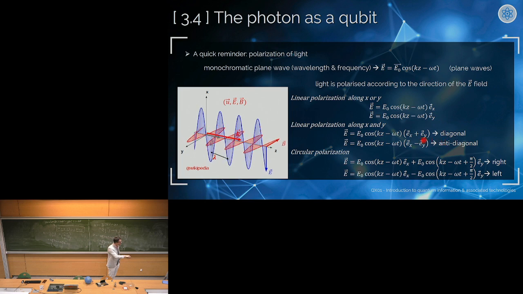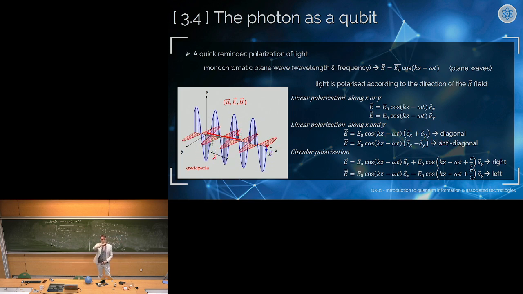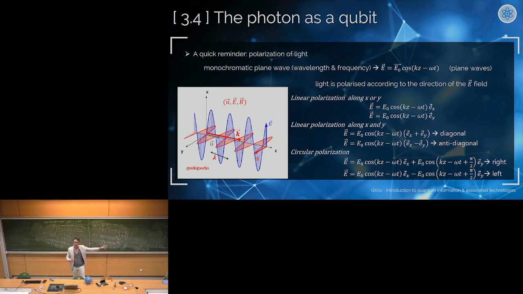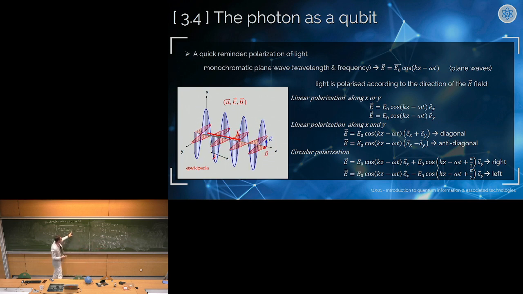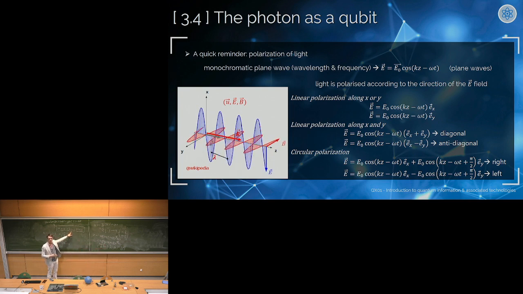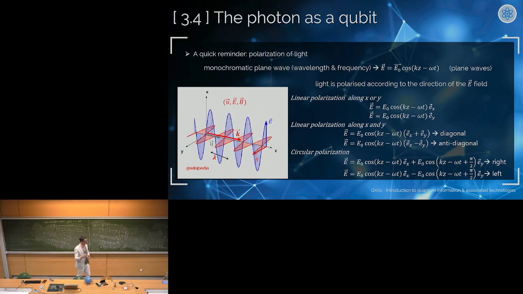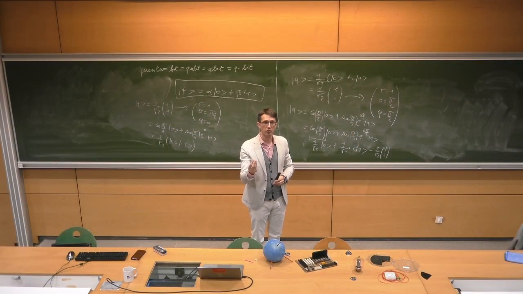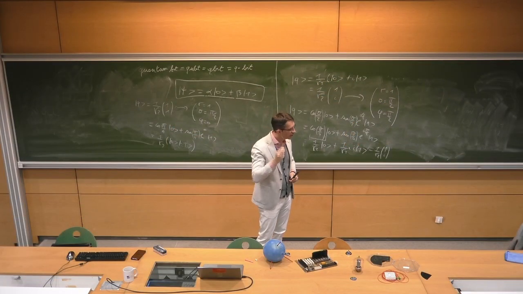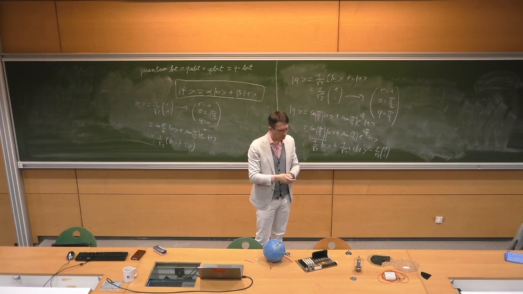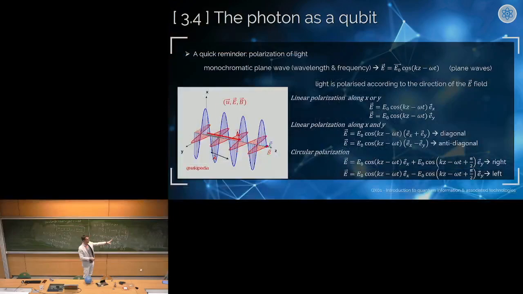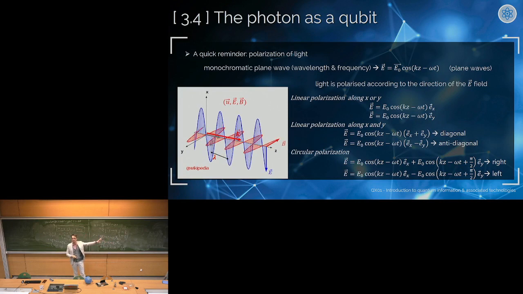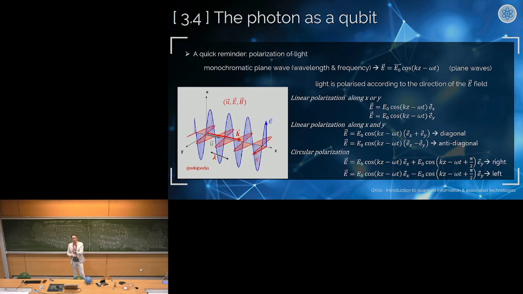here, the fact that I have Ex plus Ey is the equivalent of this vector we talked about earlier, right? So it means that if I use light, and in particular a quantum particle of light, which is a single photon, and if I look at the polarization state of a single photon, then of course here we're talking about classical optical waves, but properties will follow exactly the same way with photons.